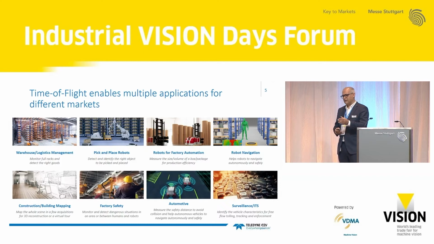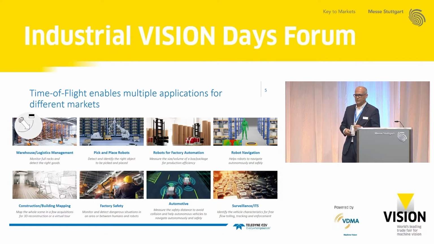For example, for warehouse and logistics management, a wide field of view is needed, quite a short distance, let's say 3 to 5 meters, and a quite large reflectivity range in order to be able to inspect black rubber, for example, or black gloves worn by the operators. But for pick-and-place robots, a longer distance is needed, maybe not so large a field of view, and a reduced reflectivity range.